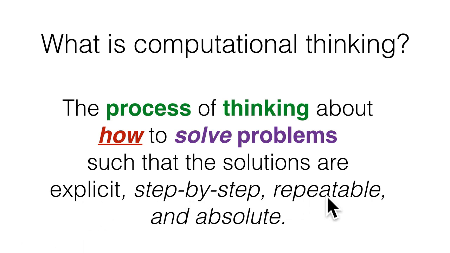It was step by step. It was repeatable. It didn't matter if we were adding 10 plus 2 or 1,000,000 plus 8. It was repeatable. And it was absolute. It was always going to give you an expected behavior, an expected result. That is what computational thinking is.